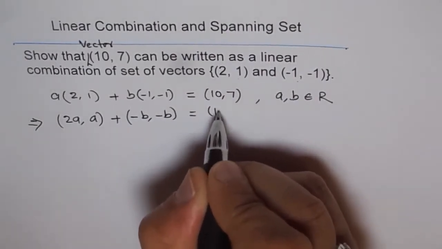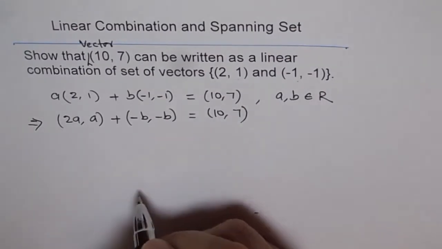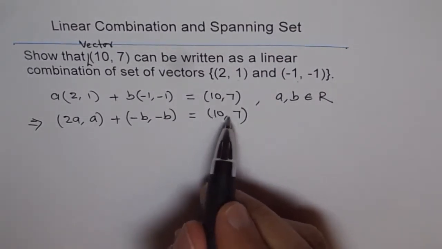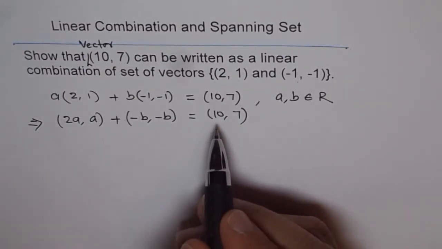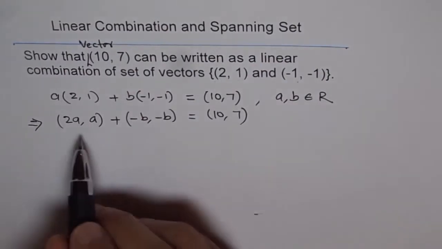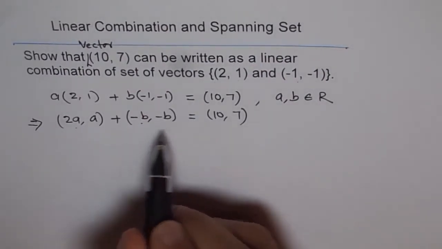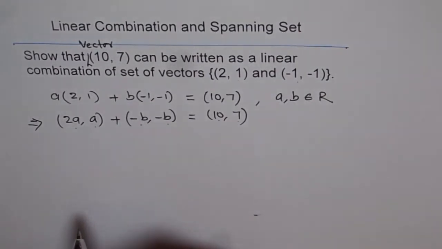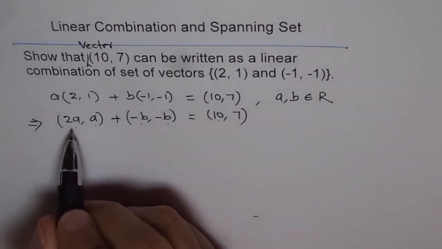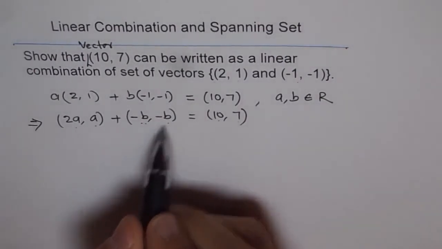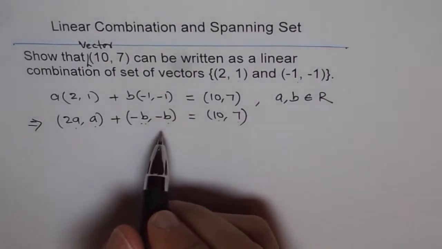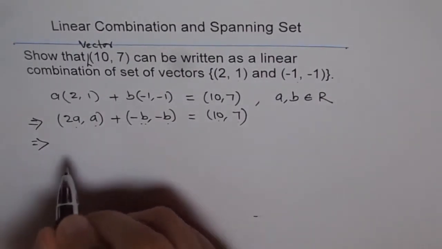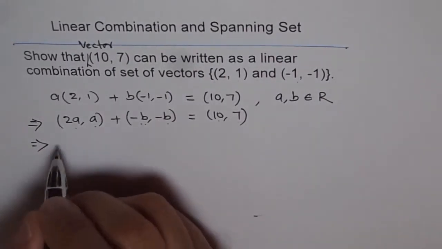equals (10, 7). Now, in case these vectors are equal, then the first components should be equal to 10 and the second components equal to 7. Why? These are the components of the vectors, correct? Let's apply the property of vector addition and add them first.